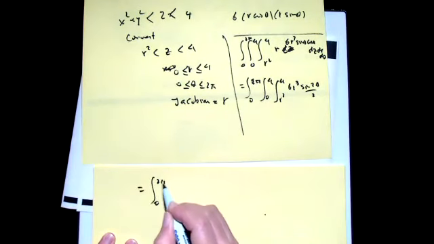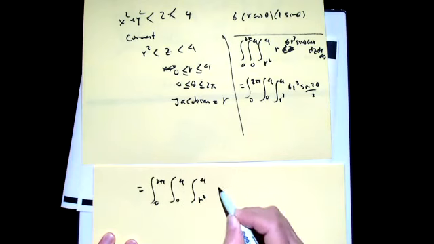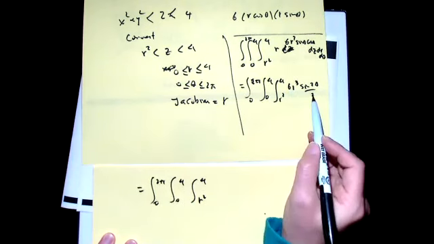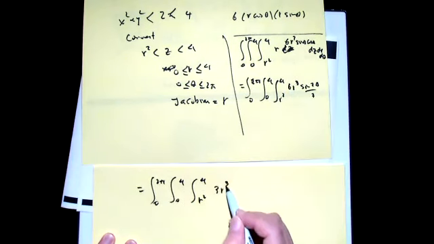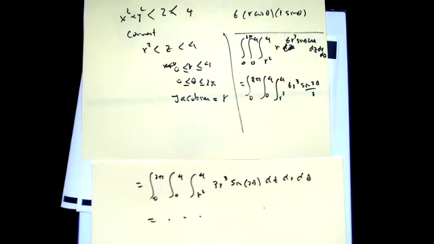Integral 0 to 2 pi, 0 to 4, r squared to 4. I'm simplifying that, dr d theta. And then you compute. And I want the final answer.